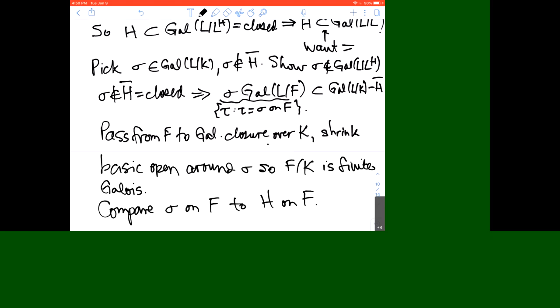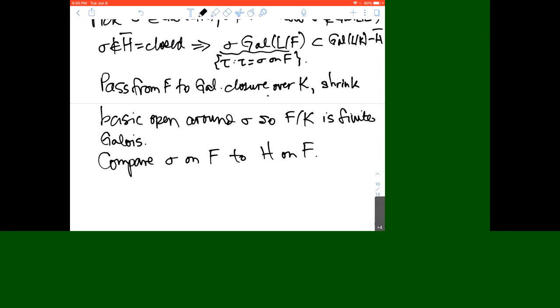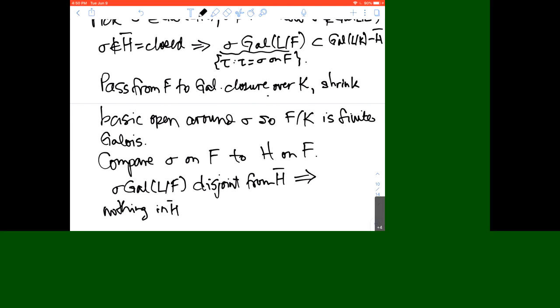Right. So what we knew is that since this is disjoint from H bar, it says nothing in H bar looks like sigma on F. Okay, different elements in H bar might not look the same as sigma in different ways.